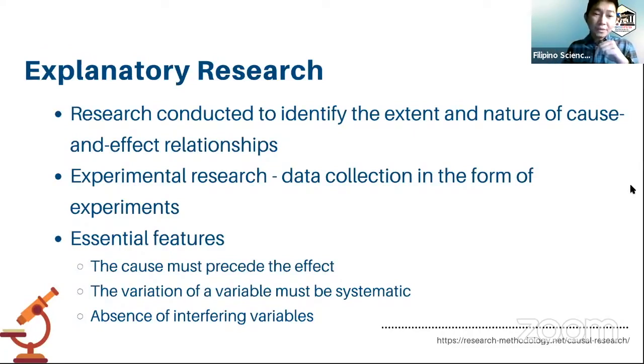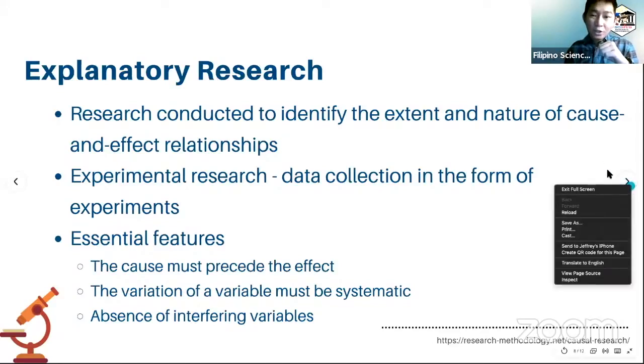So temperature lang yung tinitingnan natin. So wala nang ibang factors like pressure na pwedeng makaapekto dun sa resulta mo. So you must at least make sure that yung variable na lang na yon ang present and nakakaapekto or that can affect the system.